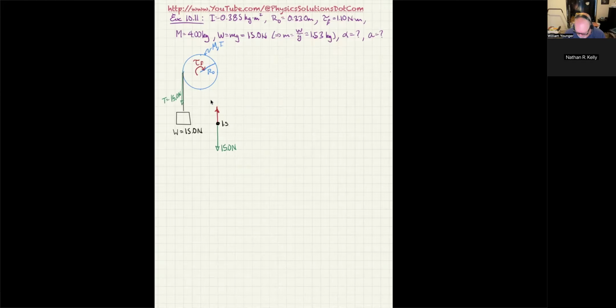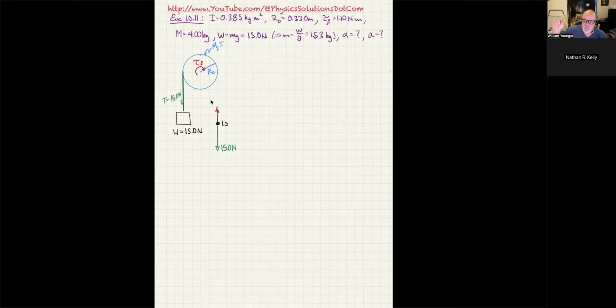The fact that it doesn't stretch or slip means that we can use equations like S equals R times theta. If a certain amount of string, S, comes out of the pulley, that amount of string will be exactly equal to the radius of the pulley times the angle through which the pulley rotates. That's what it means to not slip or stretch. Additionally, you can take the derivative of that.